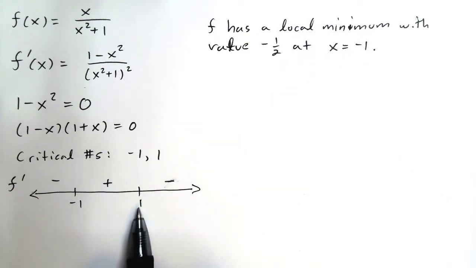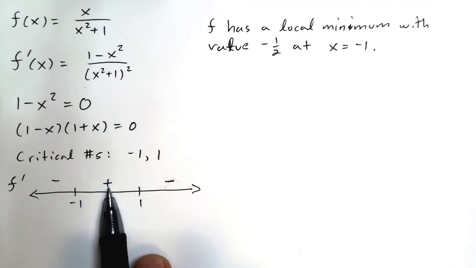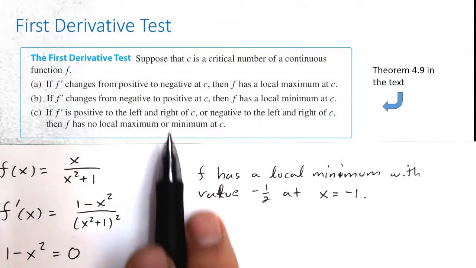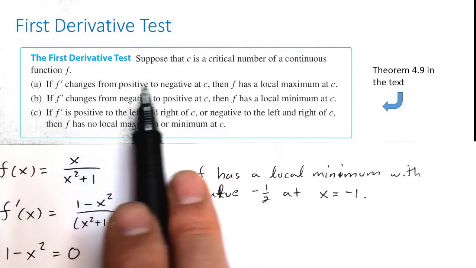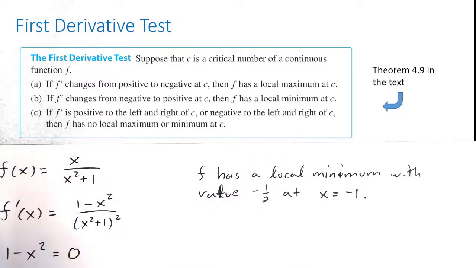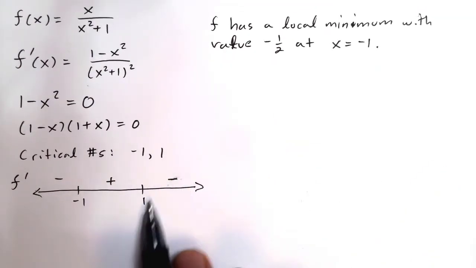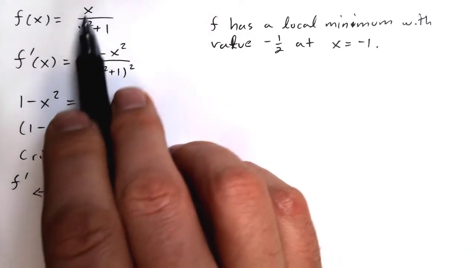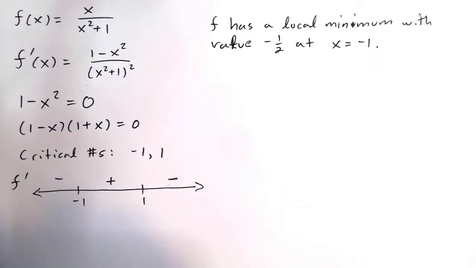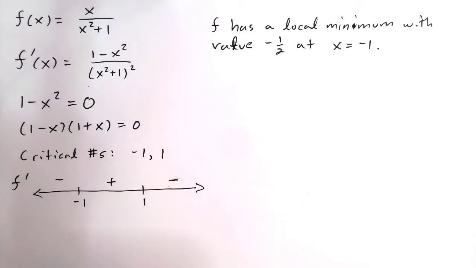And over here we have a critical number. f prime changes from positive to negative. So positive to negative means it has a local maximum. And what is that maximum value? Plug 1 in for x. 1 over 1 plus 1, that's 1/2. So f has a local maximum with value 1/2 at x equals 1.